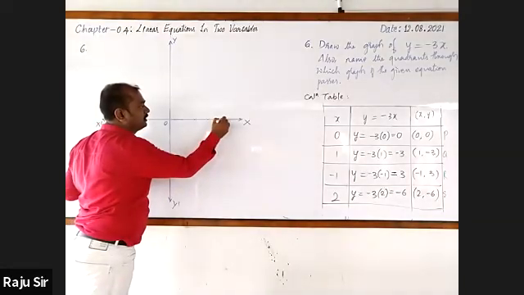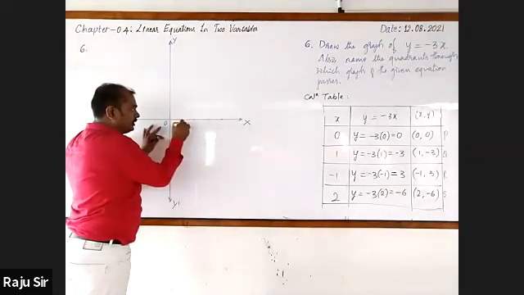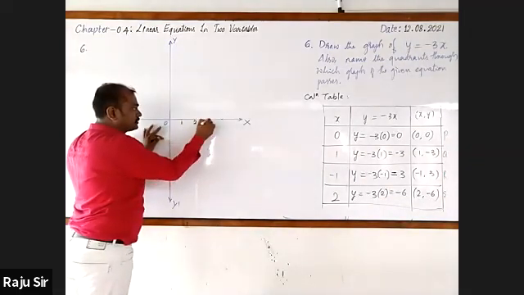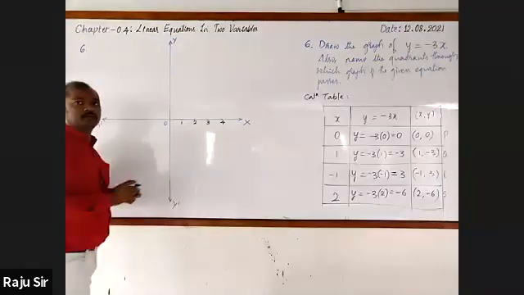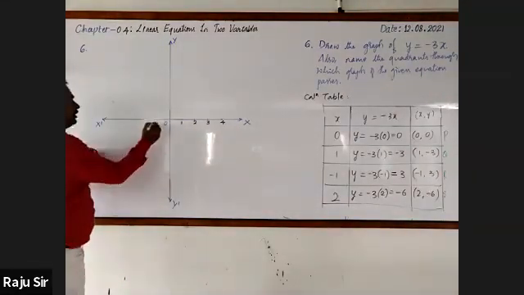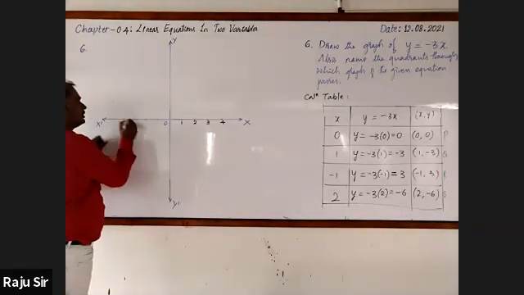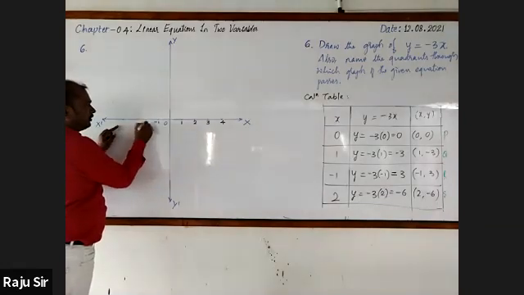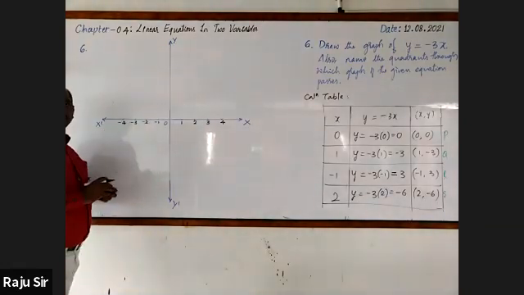There you can mark and write the numbers. Right side of 0 are positive: positive 1, positive 2, positive 3, positive 4. Left side of 0 are negative. For unit distance, write negative 1, negative 2, negative 3, negative 4.